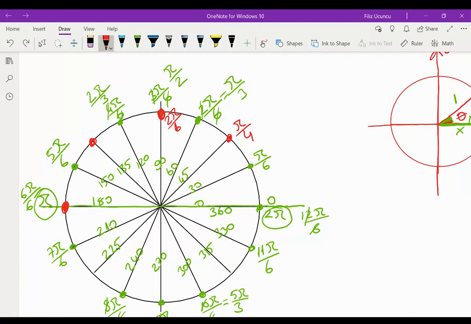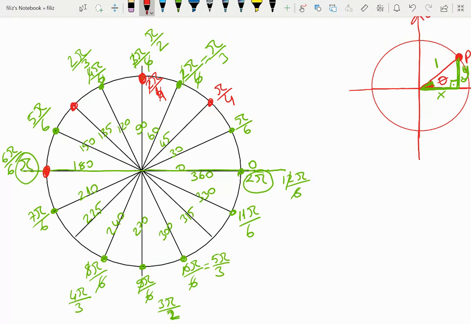So 2 pi over 4, which is pi over 2. And 3 pi over 4. And 4 pi over 4, which is pi. Okay, I can continue the rest.